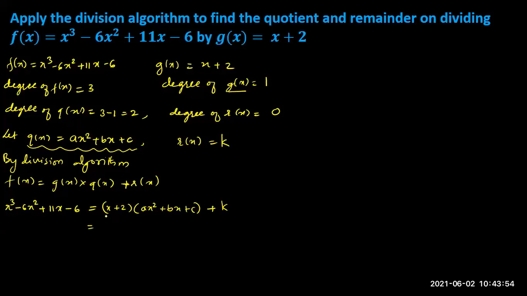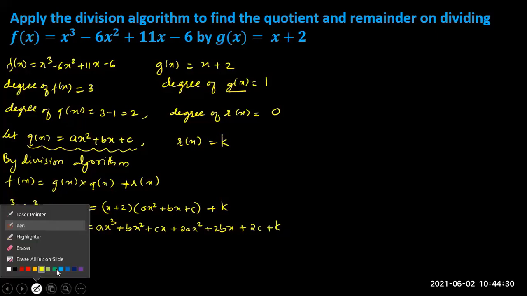Now multiply these two terms, binomial into trinomial. So x into ax square is ax cube, x into bx is bx square, and x into c is cx, plus 2 into ax square is 2ax square, 2 into bx is 2bx, and 2 into c is 2c, plus k.